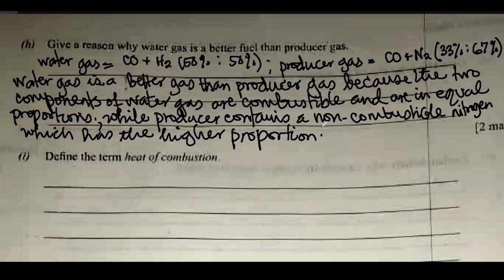So it means that it's only carbon(II) oxide that is available to be used as fuel in producer gas. And besides, it is even in a very small proportion. It's only about 30%, while the other one is almost 70%. So the heat energy produced by water gas will be higher than that produced by producer gas, right?